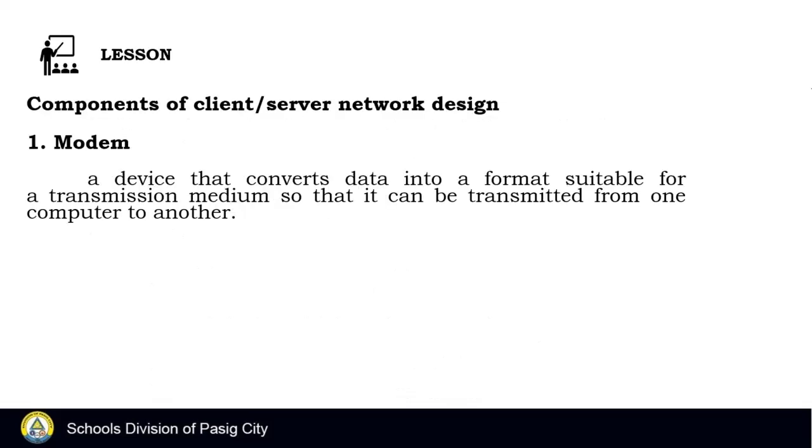Lesson proper: components of client-server network design. Number 1, modem, a device that converts data into format suitable for transmission medium so that it can be transmitted from one computer to another.